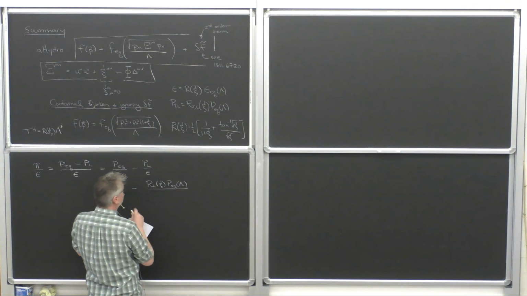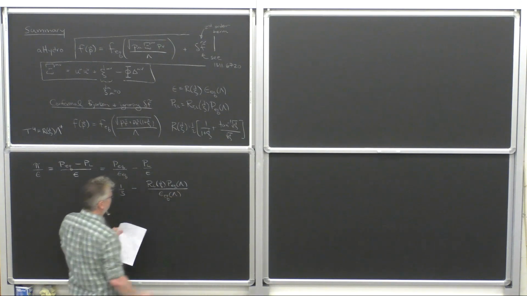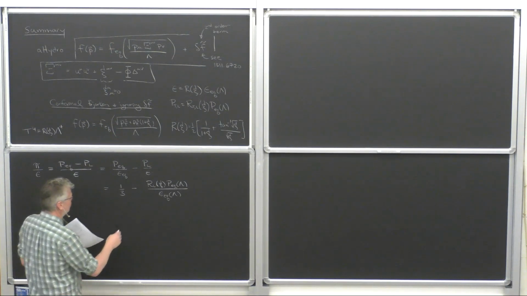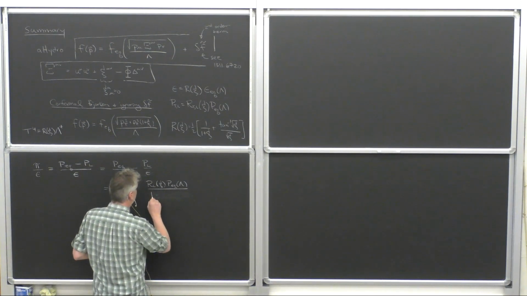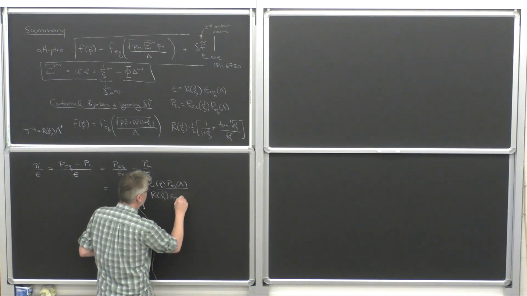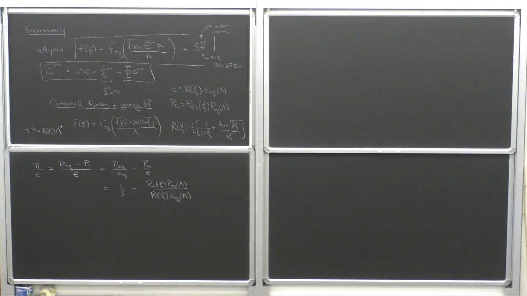And in the bottom, I can write this as EEQ of lambda again. Sorry, yeah, that's right. R of QC times EEQ of lambda. Agreed?